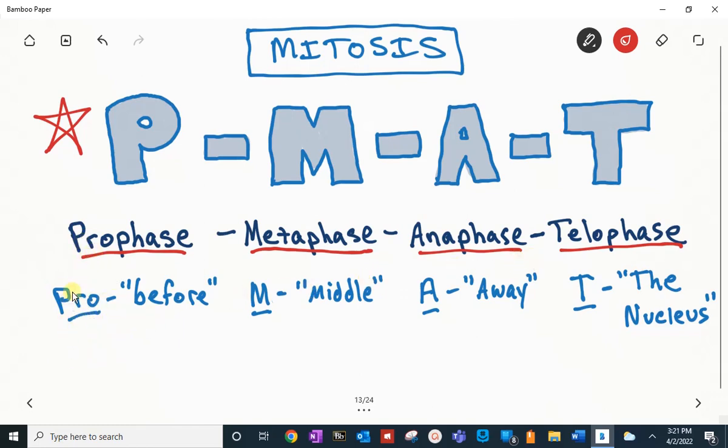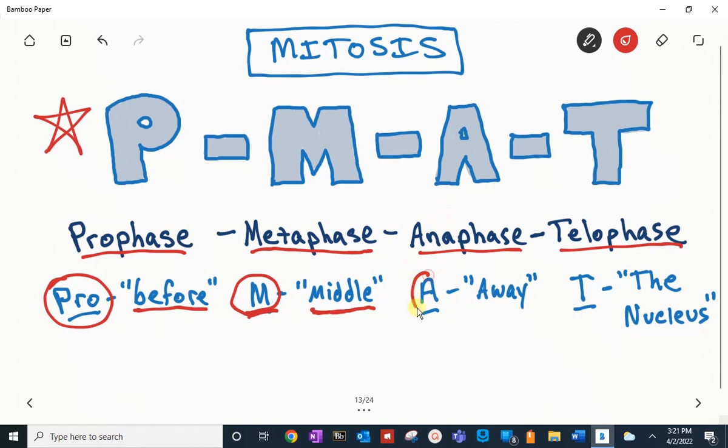And for prophase, if you think of the fact that pro means before, then prophase is going to be the phase when the cell's getting ready to start doing its thing to divide.